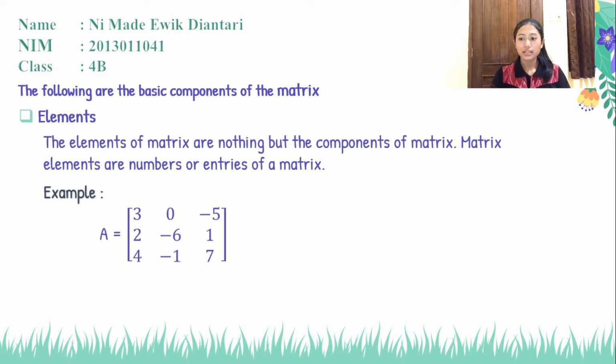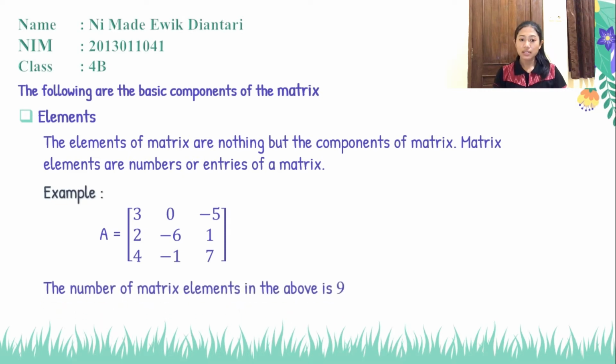We know the number of elements of a matrix is equal to the product of the number of rows and the number of columns in it. So, the number of elements of the matrix above is 9.